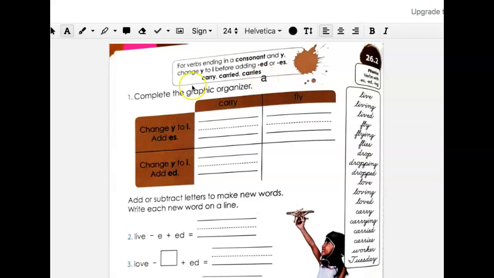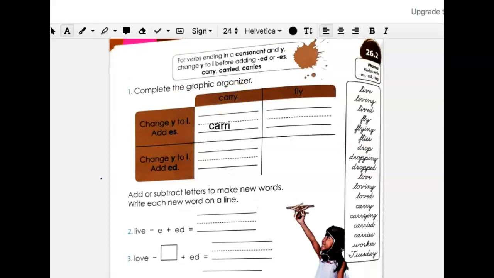We're going to use that rule to complete this graphic organizer. So the rule is we change Y to I and then add ES. Change Y to an I, so it became CARRI, and then add ES. So the word is carries.